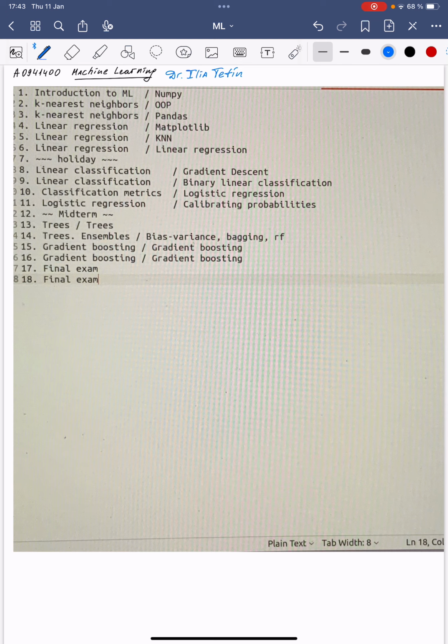My goal is to equip you with the knowledge and skills to not only understand machine learning models, but also to apply them effectively in real-world scenarios.